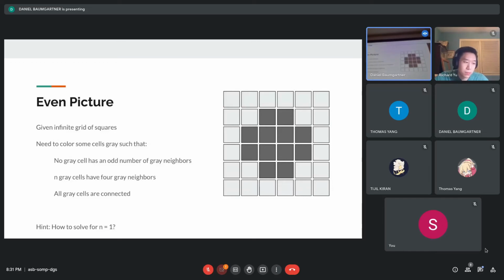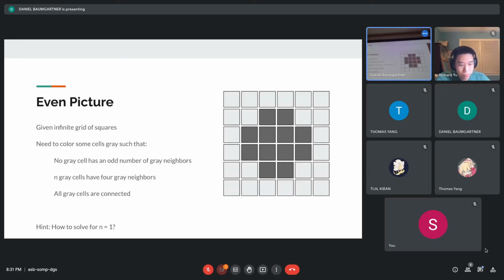Next, we're going to be given some n, and we want to guarantee n of the cells to have 4 gray neighbors around them. And the final condition is we want all gray cells to be connected by cardinal directional paths, so no diagonal connections. That is the problem.